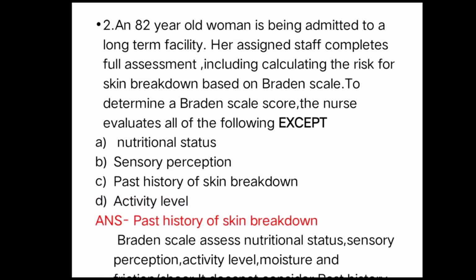Adding to this, we will assess the moisture of the patient and friction or shear. So what is not included in the Braden scale is past history of skin breakdown. So the answer is past history of skin breakdown. Except means, according to the question, what is not included, and that we have to consider and answer. So this is a direct question.